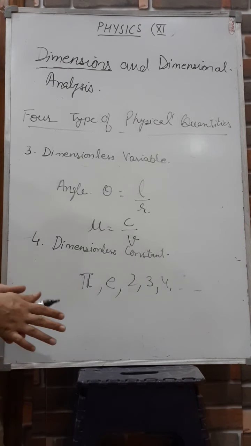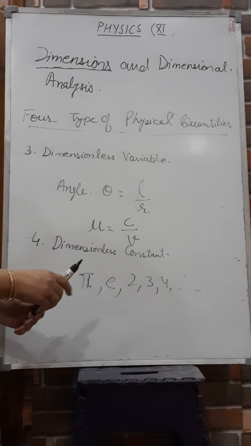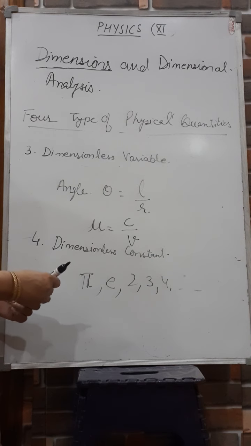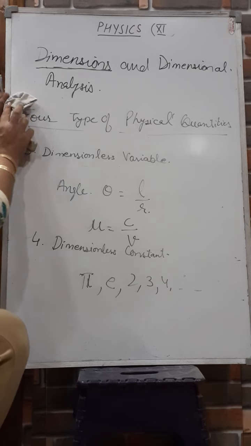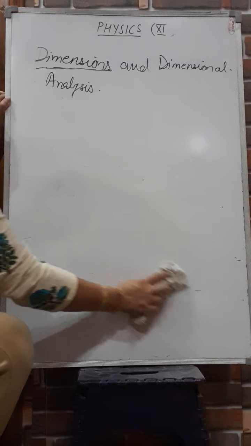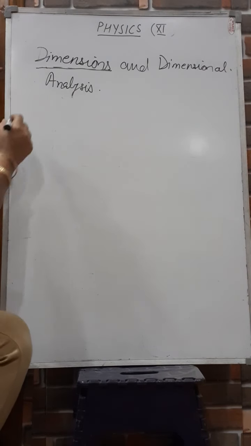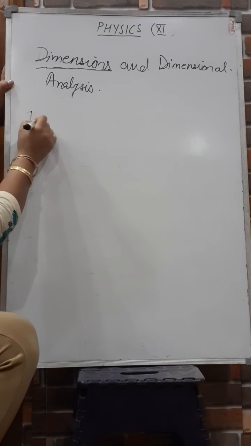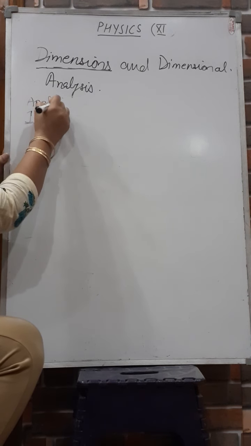So on the basis of dimension, the physical quantities are of four types: dimensional variable, dimensional constant, dimensionless variable and dimensionless constant. Now let's come to the applications of dimensions.